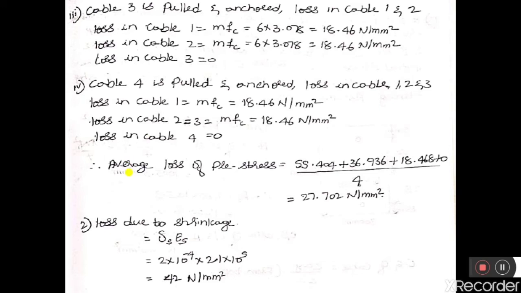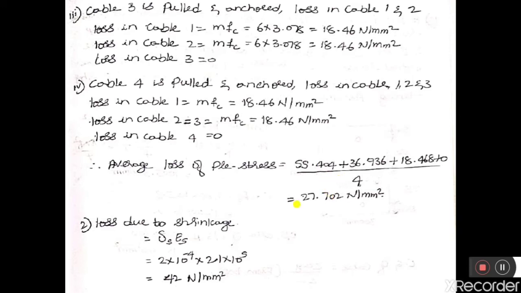Therefore, average loss of prestress is equal to 55.404 plus 36.936 plus 18.468 plus 0 divided by 4. So average loss of prestress is equal to 27.702 Newton per mm square.